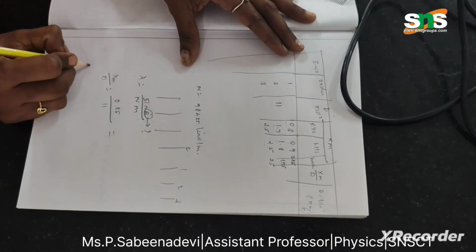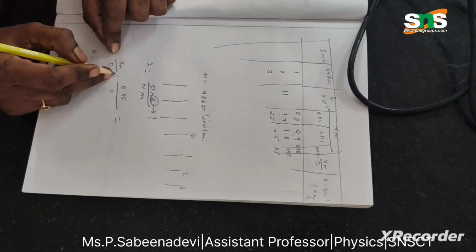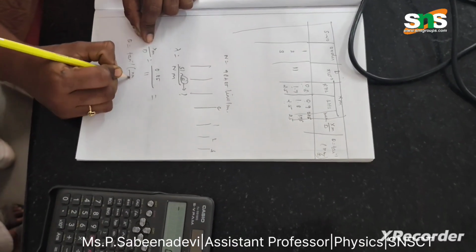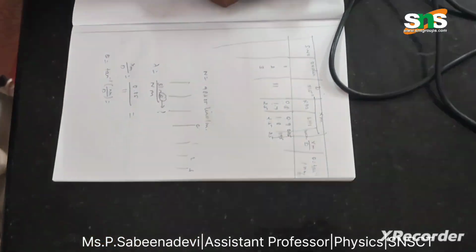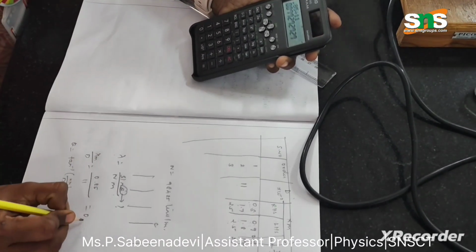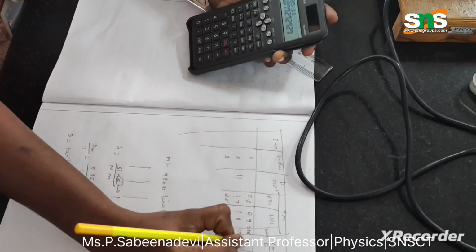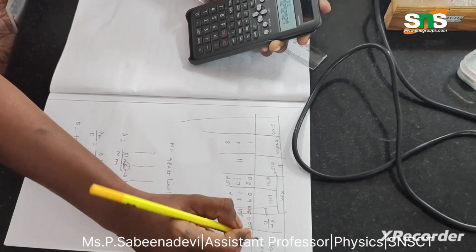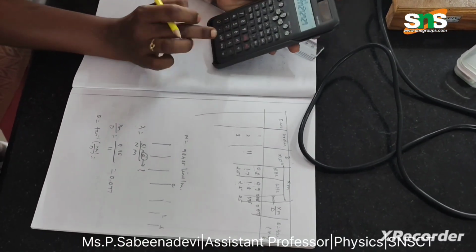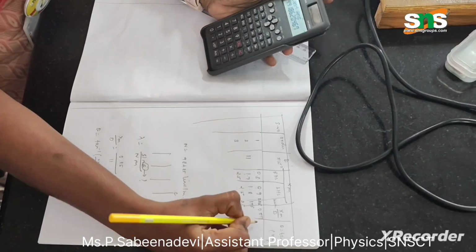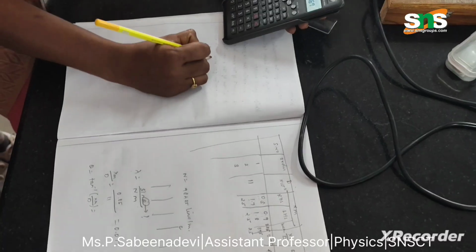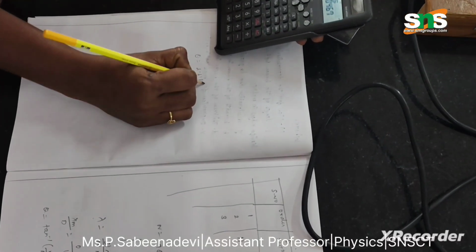That gives 0.077, the XM by D value. Then take tan inverse of XM by D, and we get 4.418. So the theta value is equivalent to 4.419 degrees.